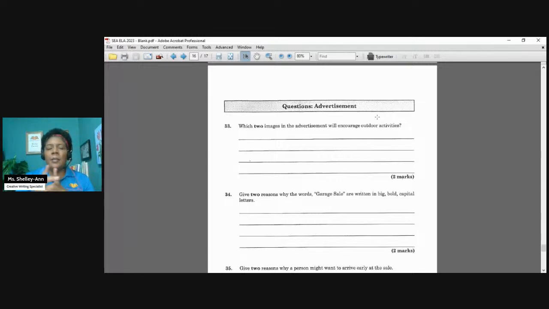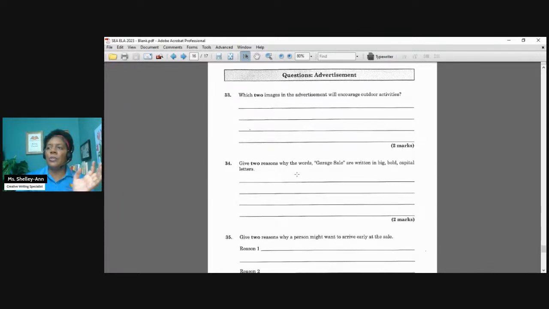What images are you looking for? So we're looking directly at the image and analyzing the graphic. Then we have: give two reasons why the words garage sale are written in big, bold, capital letters. Two reasons. So if you say it's to get the reader's attention, then that's one.